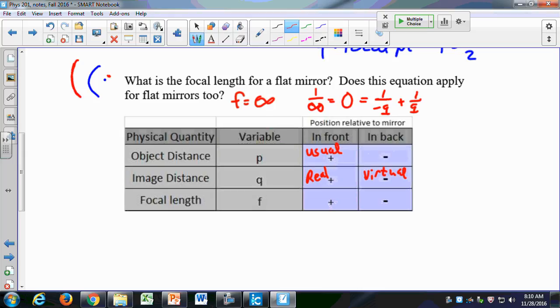What is the focal length for this mirror? Is this convex or concave? Wait, this is convex. Is the focal length positive or negative for this mirror? Is the focal point on this side of the mirror or on this side of the mirror? This is the front, this is the back. Is the focal length positive or negative? That's right, because the focal point is back here. Imagine this was cut out of a sphere. The center of curvature of the sphere, I don't know, is right here. So the focal point is right here. So convex mirrors have a negative focal length.